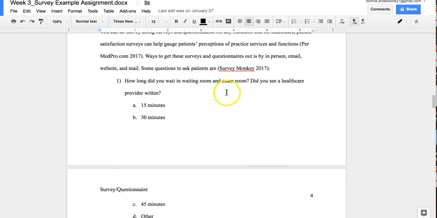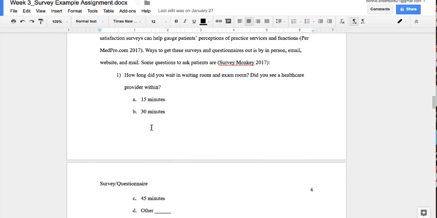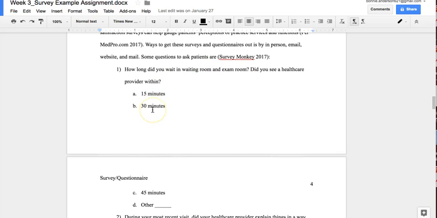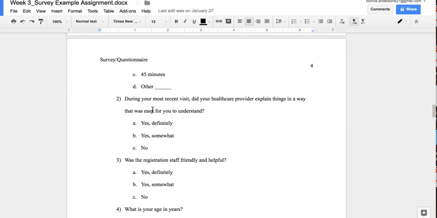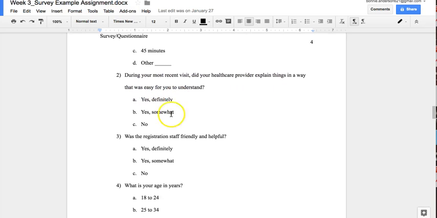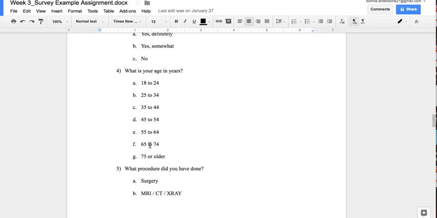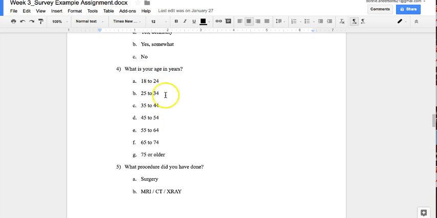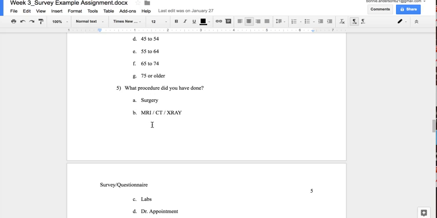They asked about the distance. This is asking about the waiting room time, and it gives closed-ended questions. This asks, did the healthcare provider explain things in a way that was easy for them to understand? This is somewhat of a Likert scale. The next few questions ask about their age and demographics, which are closed-ended questions.